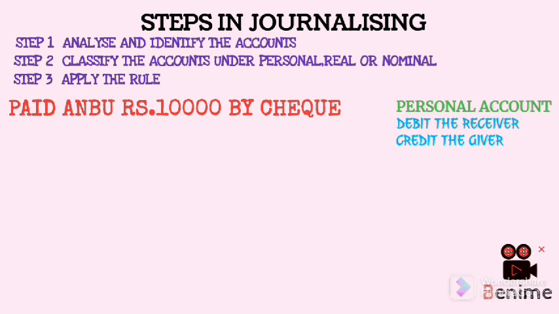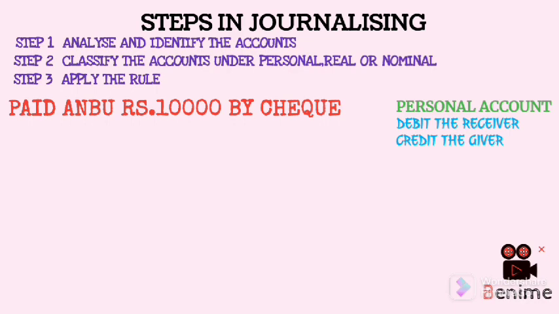Analyze the transaction clearly. For Anbu, we have paid the cash through check. As we account every transaction based on the double entry system, first identify the 2 accounts involved in that transaction. In the transaction, we are making payment to Anbu.